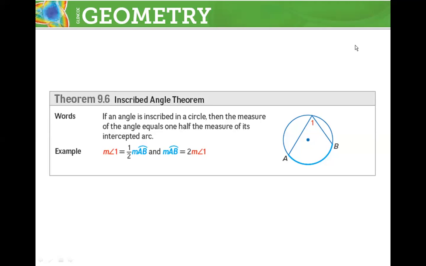Inscribed angle theorem. If an angle is inscribed in a circle, then the measure of the angle equals 1/2 the measure of its intercepted arc.